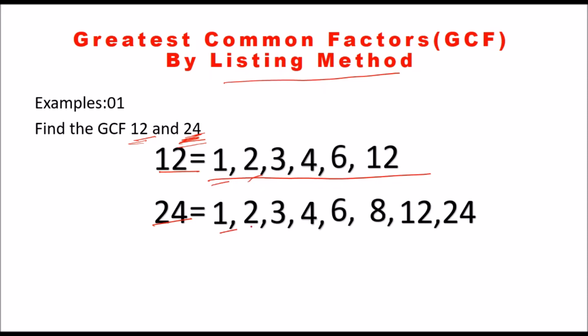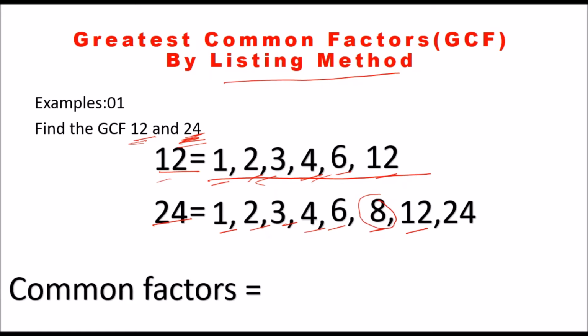Also 2 and 2, 3 and 3, 4 and 4, 6 and 6, 12 and 12. But this 8 appeared only in 24, not in 12, so 8 is not a common factor.